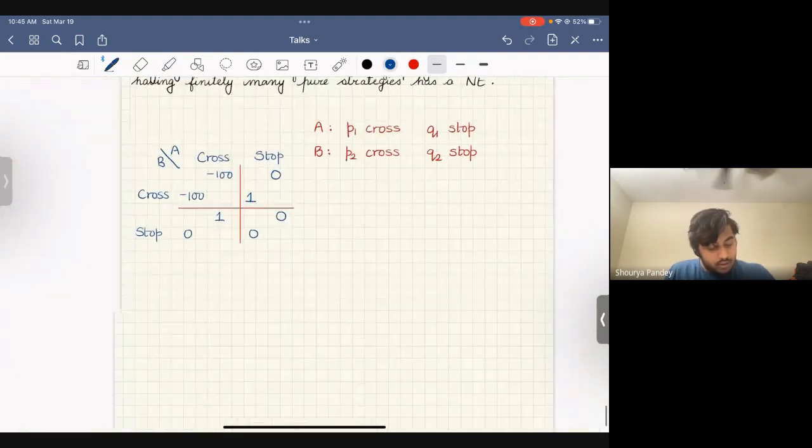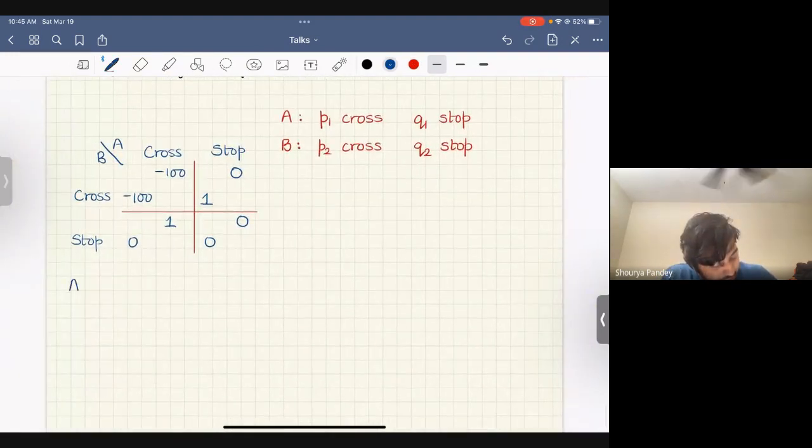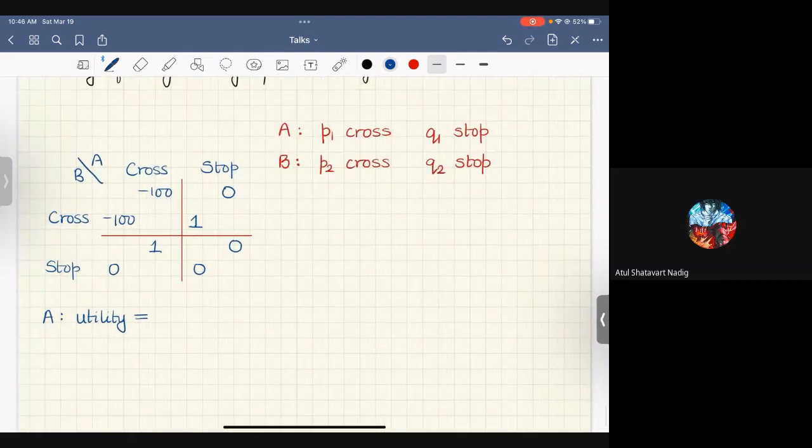Then what is the utility obtained by A? Utility equals, what is the probability of crash? Isn't it always optimal to either always cross or always stop if the other guy's strategy is fixed?